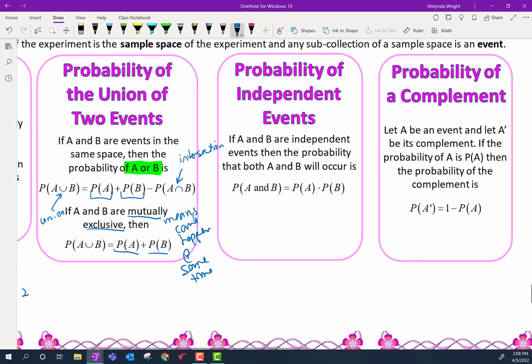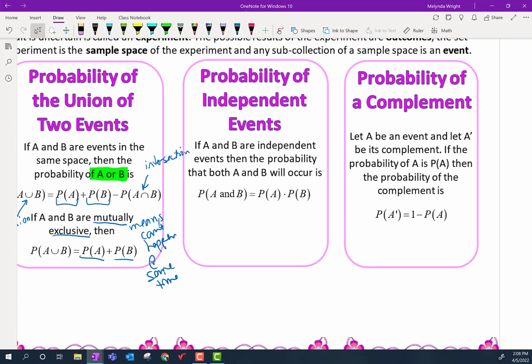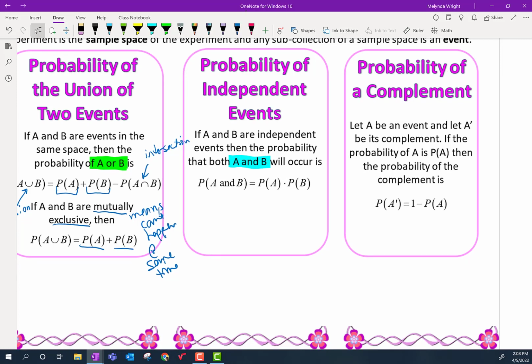Then we have the probability of independent events. This is a probability of A and B. So for our purposes with probability, or is adding and is multiplying. That's just kind of a thing with probability. Or is adding and is multiplying.